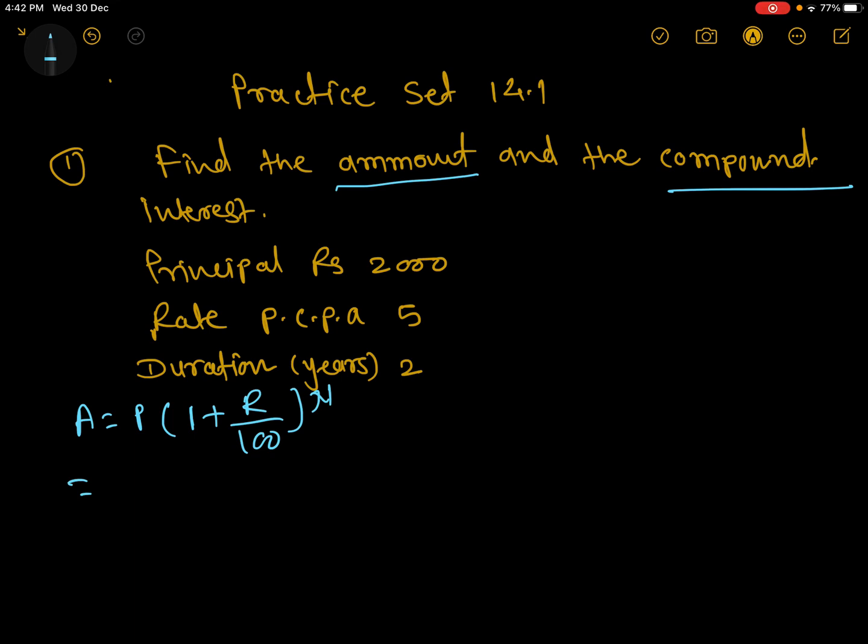Then we put the values here. Value of P is 2000 into bracket 1 plus rate is 5 upon 100 raised to 2. Here we solve this example.